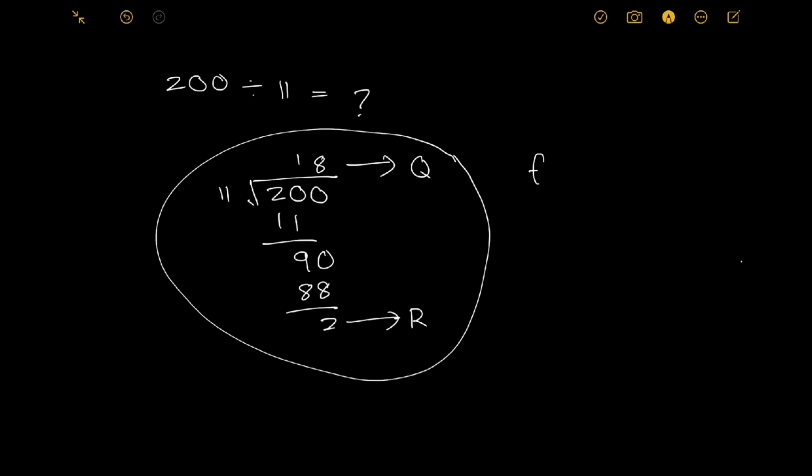Long division actually involves functional equations and algebraic equations. So let's see the question: P(x) equal to 8x to the power of 3 plus 4x plus 3. From this equation we need to find Q(x), the quotient, and the remainder.